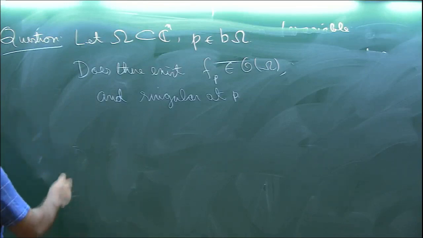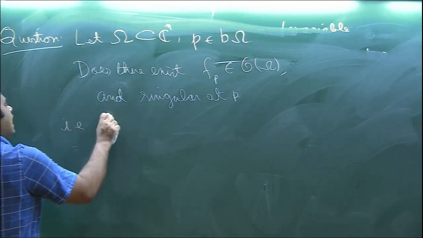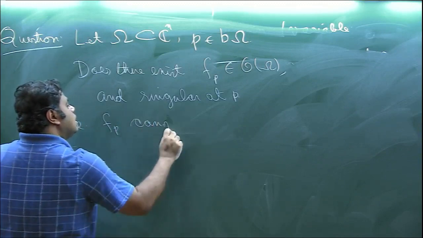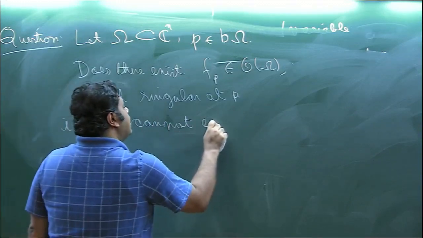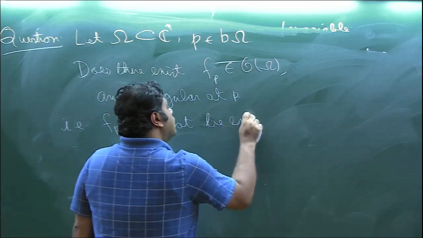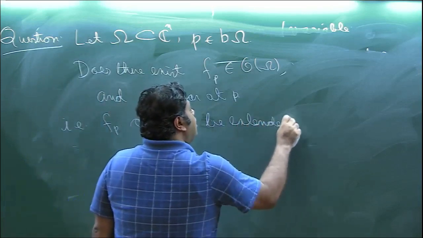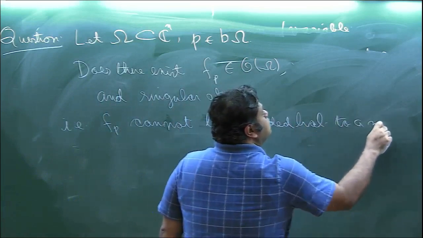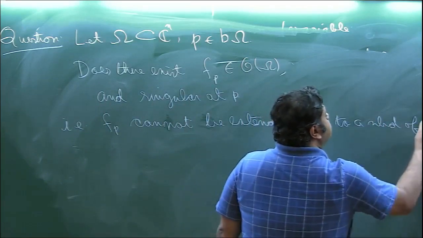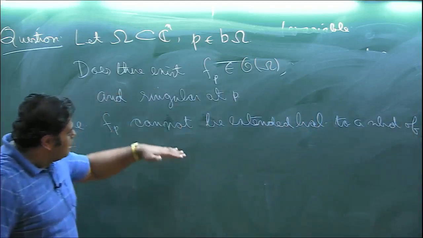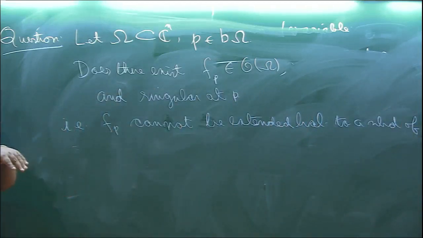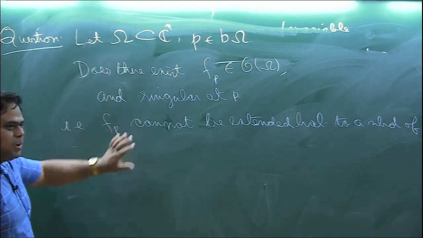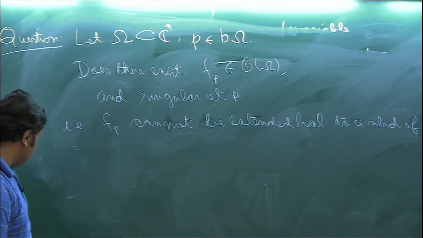What do I mean by this? That is, fp cannot be extended to a neighborhood of P. Actually, this is also not quite right if you want to have arbitrary boundaries, but assume for simplicity omega has smooth boundaries, then this is a correct way of putting it.